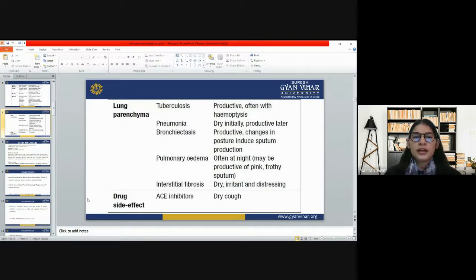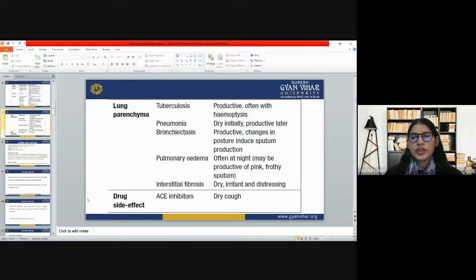Then we have the lung parenchyma. In this part, there are lots of severe diseases like tuberculosis. In tuberculosis, the cough is productive, often with hemoptysis. Hemoptysis is when blood comes into the coughed sputum. Then pneumonia: dry, irritating at first, later productive.